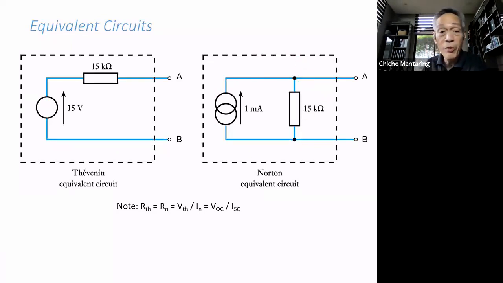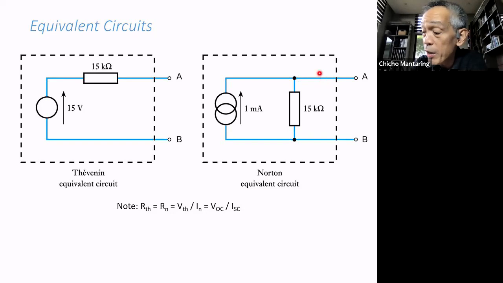You just use voltage source to current source conversion. So yun yung una natin pinag-aralan today. How do I convert this to this? My current source is my voltage source divided by my resistance. So that gave me 1 mA. And then the resistance is the same, 15K there, 15K here.